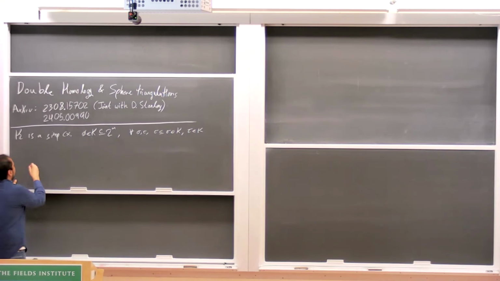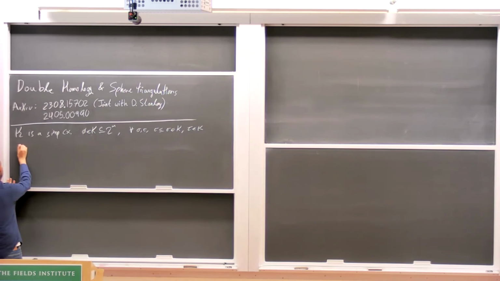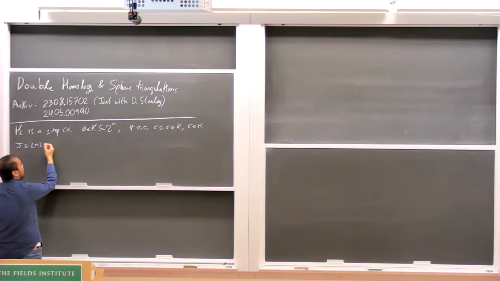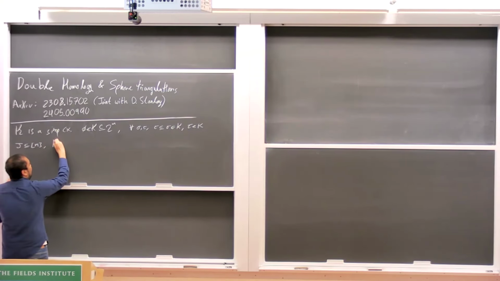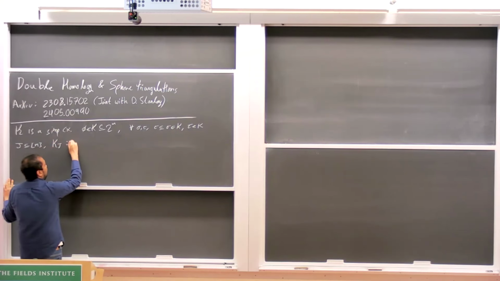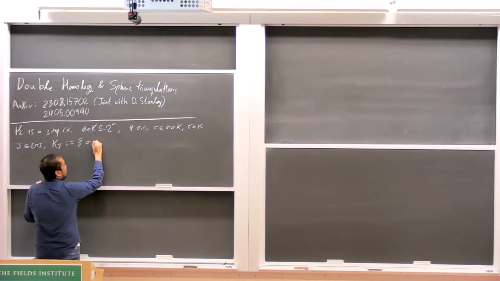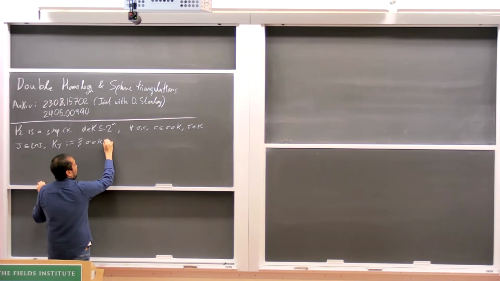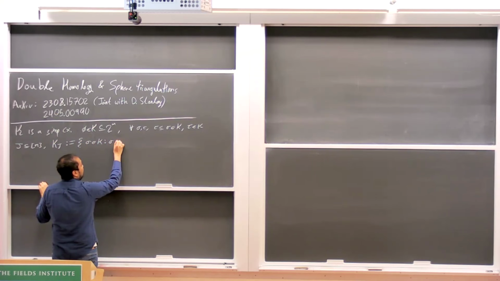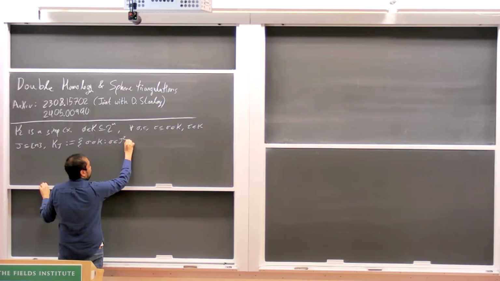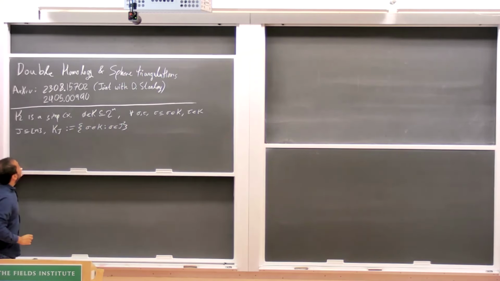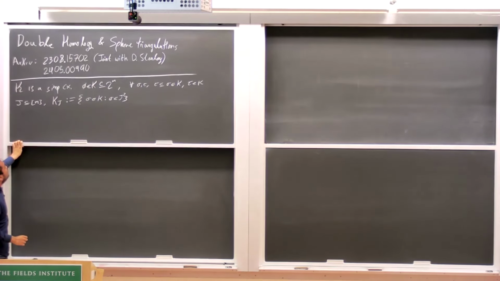Another notation is that of full subcomplexes. If we have a subset J of the interval 1 to M, then K sub J just denotes all of the simplices in the simplicial complex that are inside J. Right.